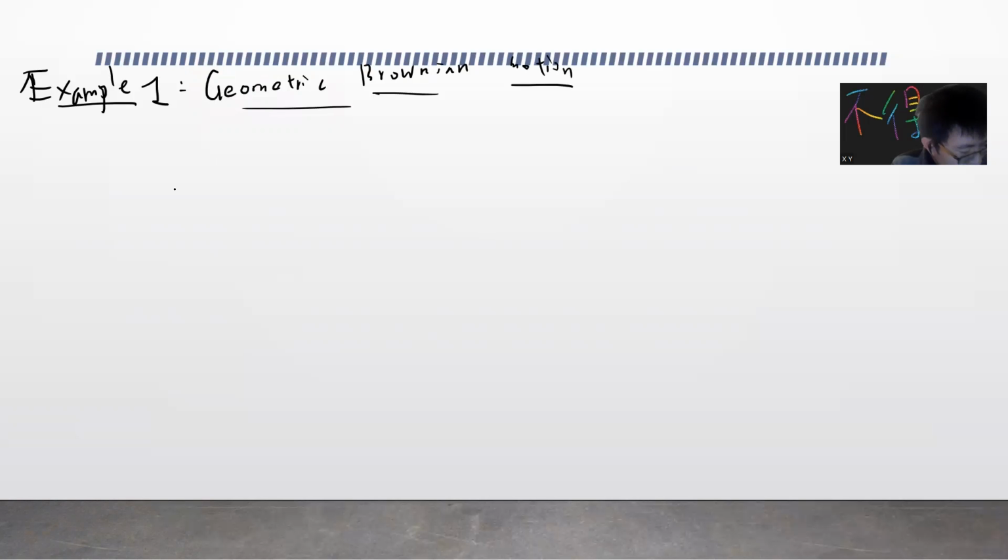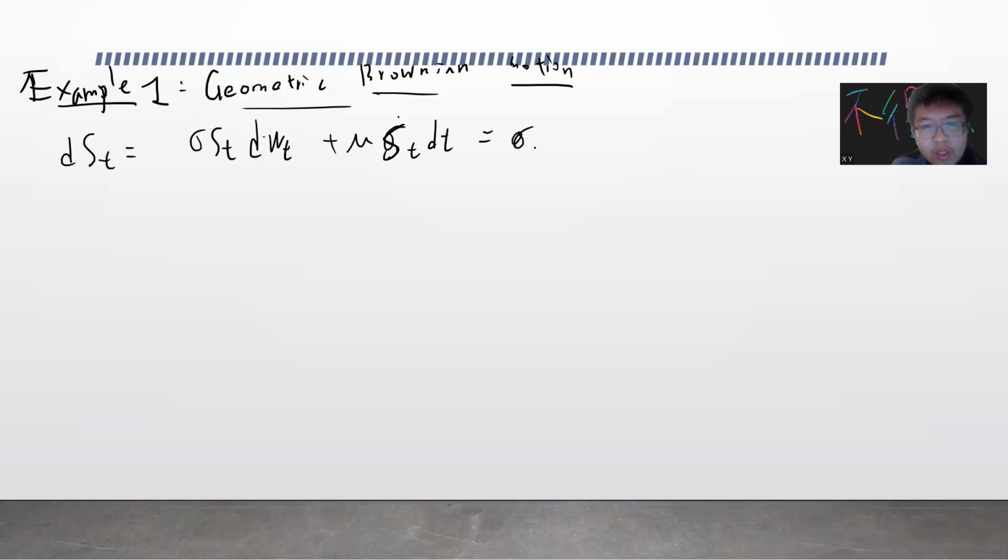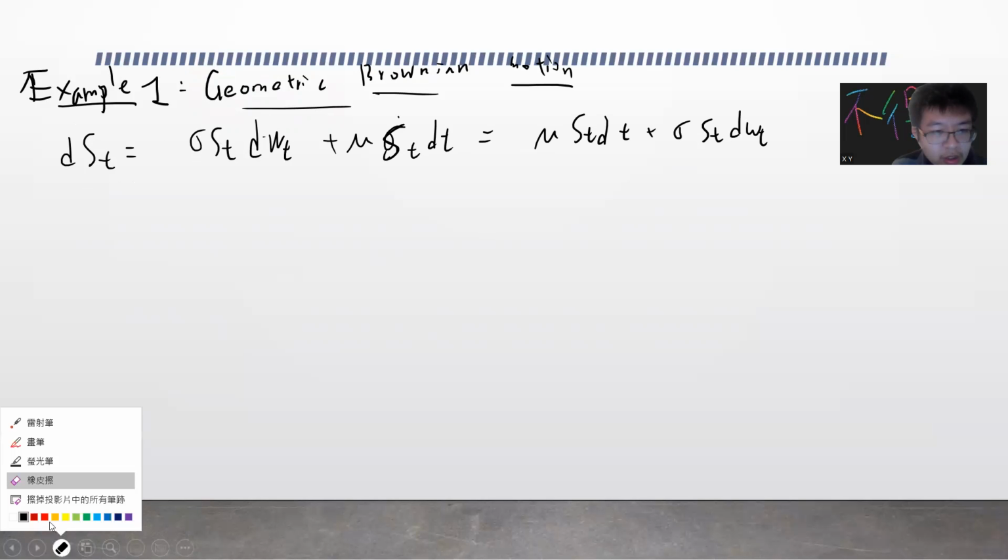So the idea is the following. Somebody gives you dS_t equals mu S_t dt plus sigma S_t dW_t. This is the equation.